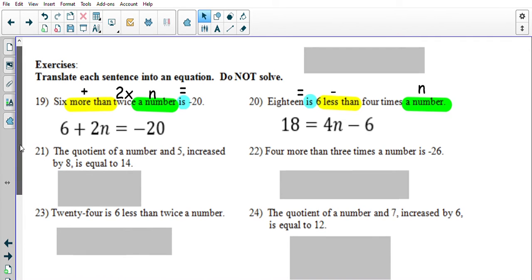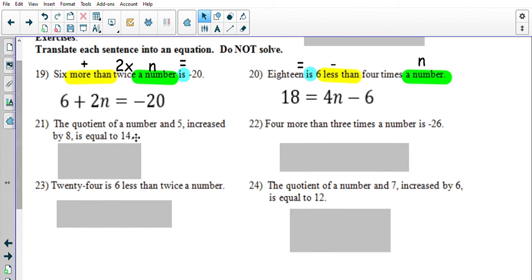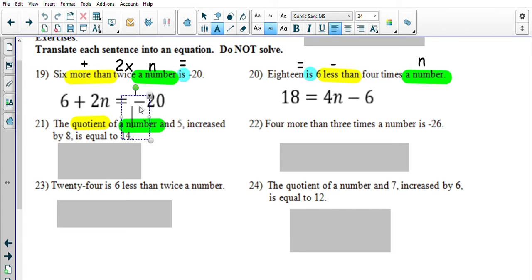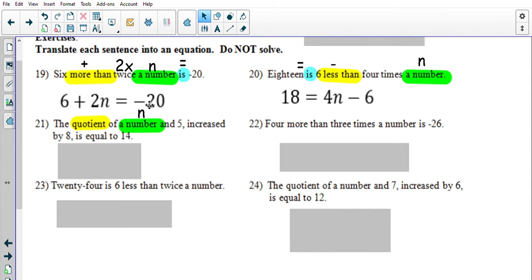All right, number 21. The quotient of a number and 5 increased by 8 is equal to 14. So quotient definitely is going to mean division for us. A number is our unknown, so we use the variable n to represent that. So quotient is division, a number n and 5, so we're going to take n divided by 5.